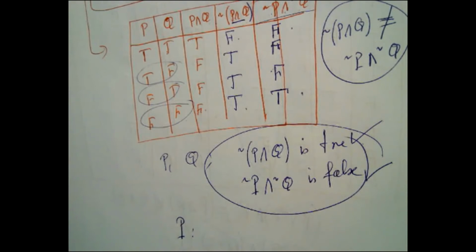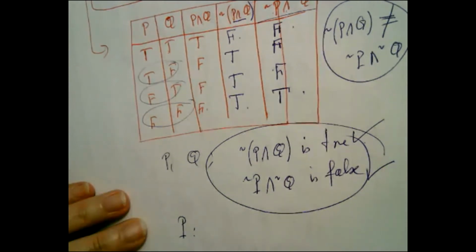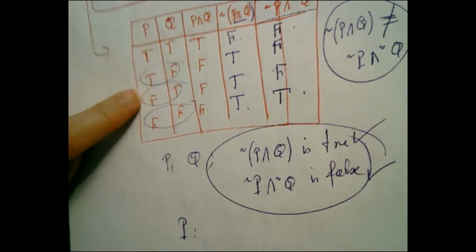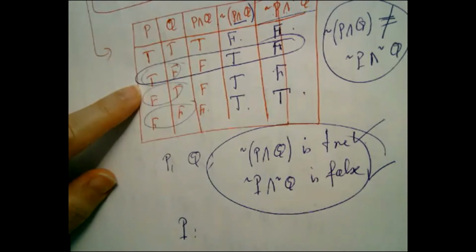Whoever has an idea, let me know. So looking at the truth table, P would be a true statement and Q would be a false statement. Very good. Give it to me immediately.